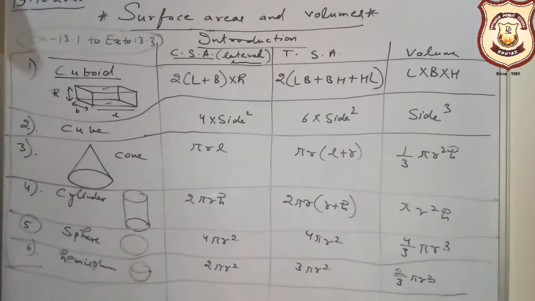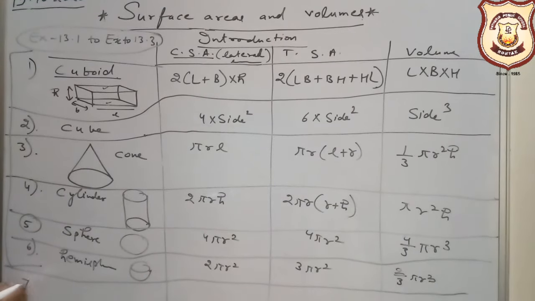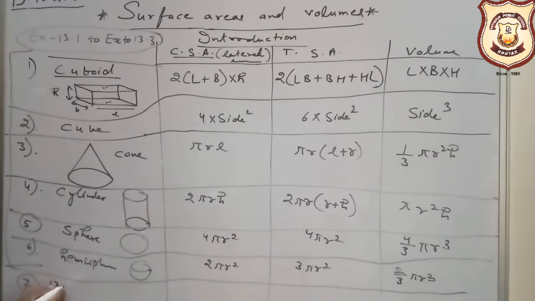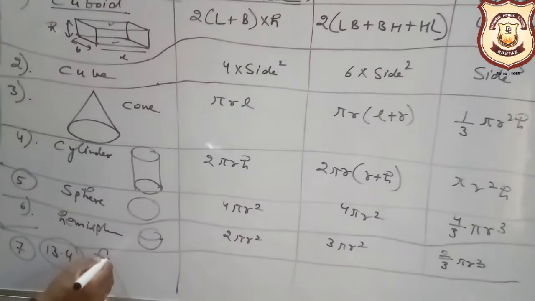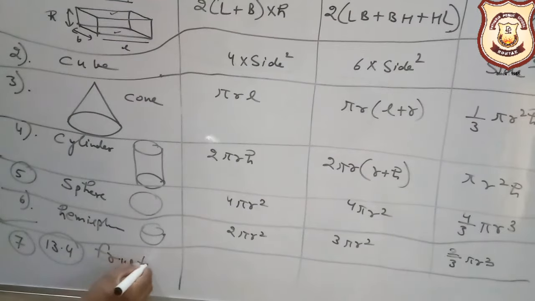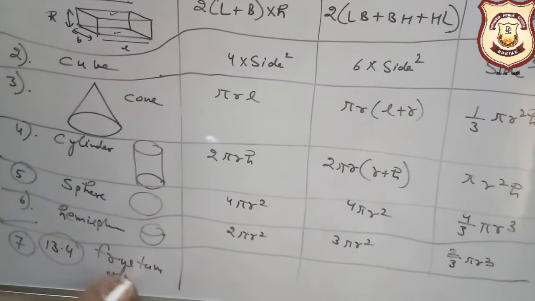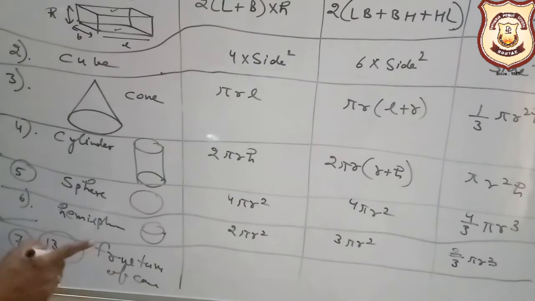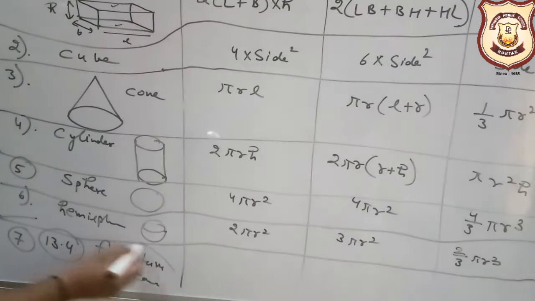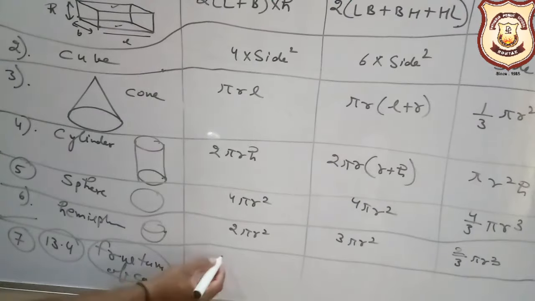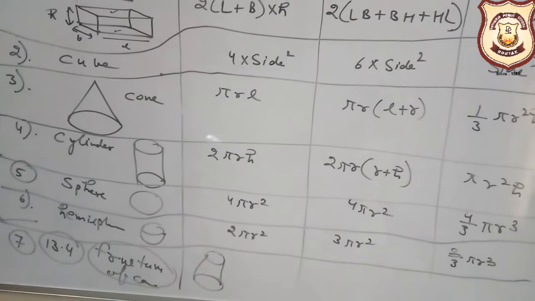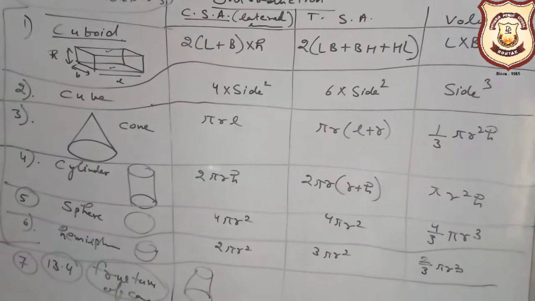The last exercise, 13.4, is based on the frustum of a cone. Frustum of a cone, shape like this only. So at that time I will explain the frustum formula.